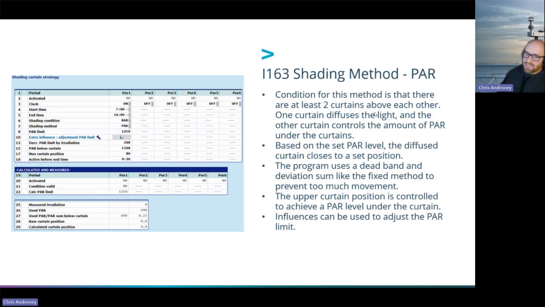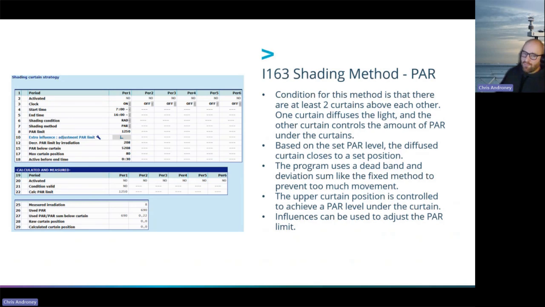The last shading method is PAR. That's most commonly used when there are at least two curtains above each other. So one curtain, typically the bottom curtain, is going to be a diffuse curtain. It's going to diffuse the light, and the other curtain controls the amount of PAR under the curtain. So it kind of works similar to how the range works, but you're going to have a curtain on the bottom, which is a diffuse curtain. It's going to spread out light.